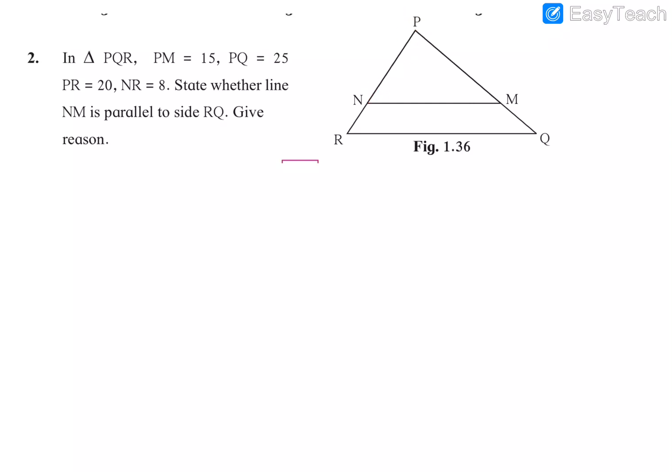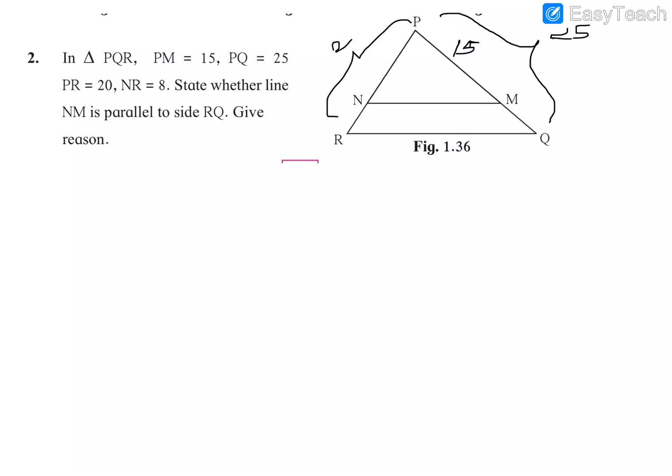So for that, first we need to prove the ratios of the sides are equal. Then by using the converse of the basic proportionality theorem, we can write NM is parallel to RQ. So first we can mark all the sides that are given. PM is given 15, PQ is given as 25, PR is equal to 20.